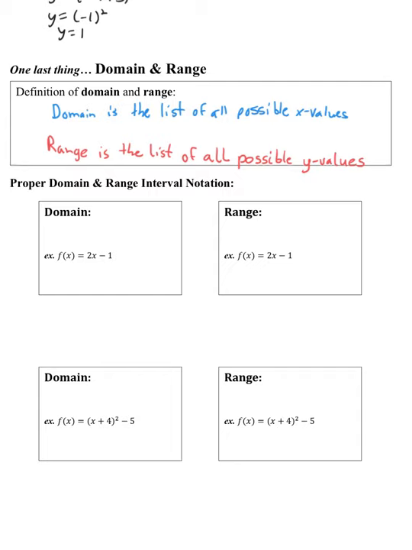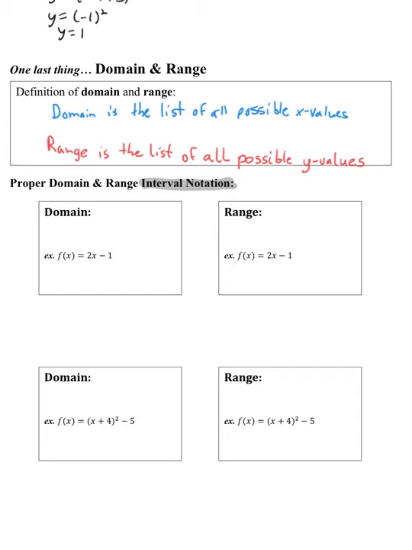So we're going to work more on domain and range the next couple class periods as well. But this is the idea for domain and range. We're going to work on domain and range specifically in interval notation. So that's writing them as intervals.